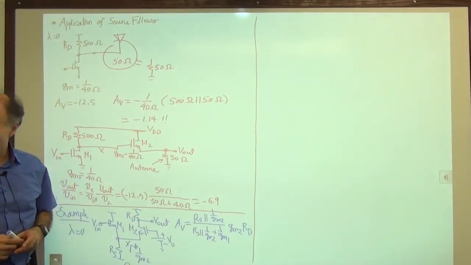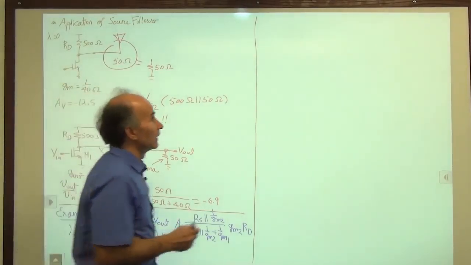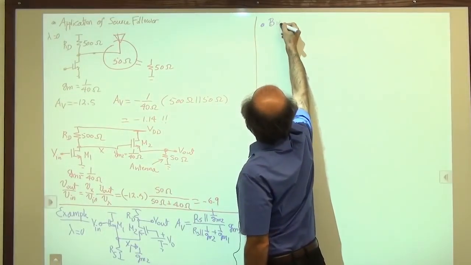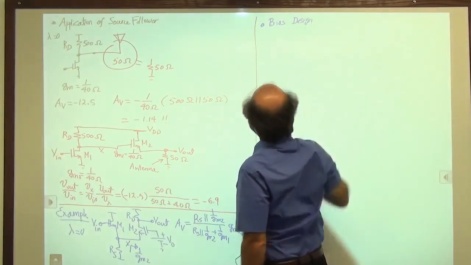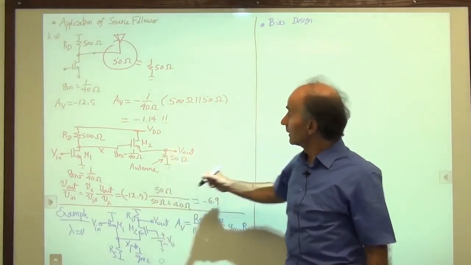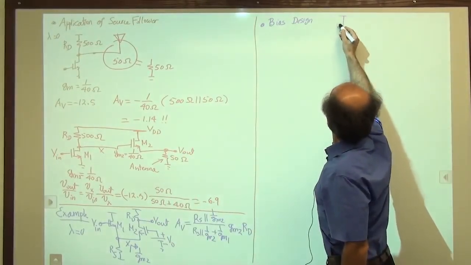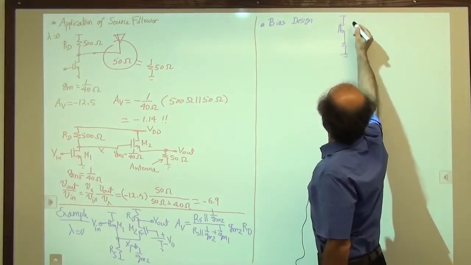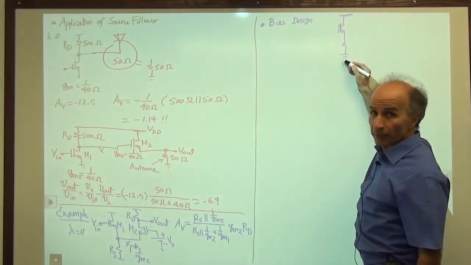Okay, in the next step we will go to the biasing problem for source followers. So let's look at bias design and see what we have to do. All right, well, we decided to use a resistor in the source follower to provide a path for the current to flow from the power supply all the way through the transistor and through the resistor to ground.